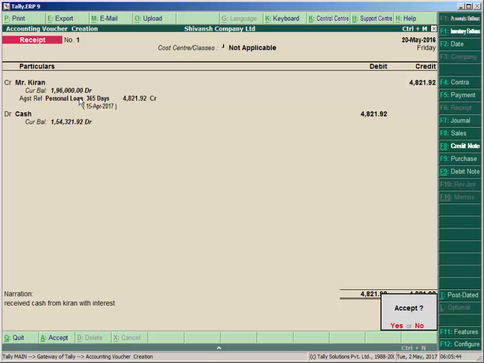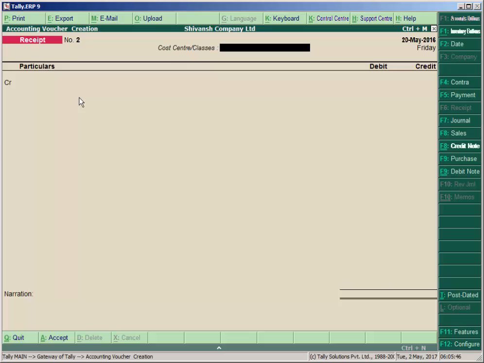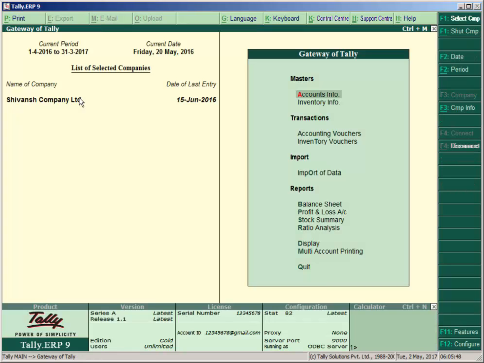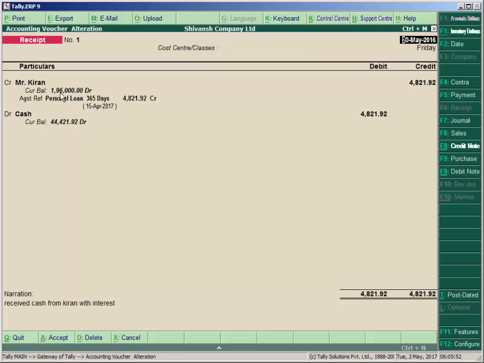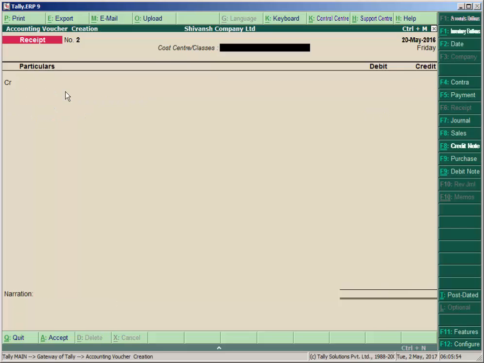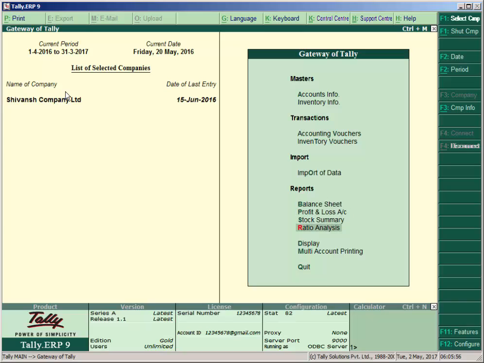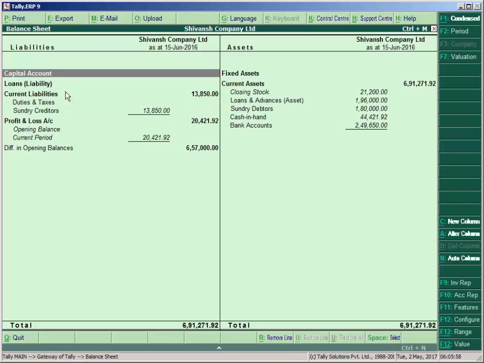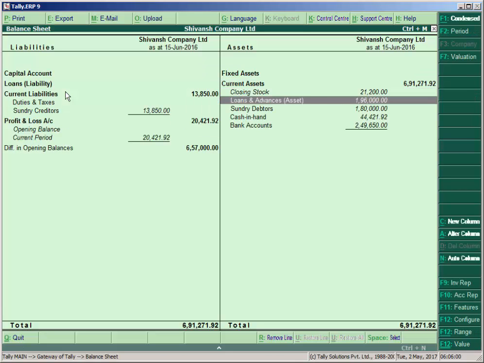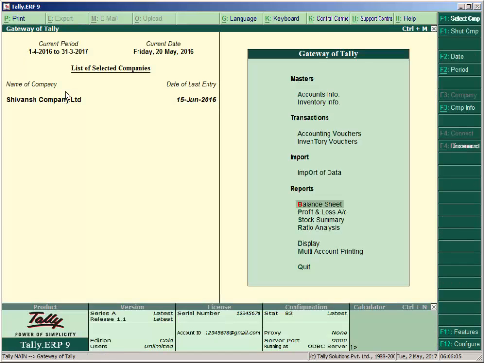So interest is not reduced from the principal amount or loan amount. So press escape, go to the balance sheet, press Alt plus F1. The amount is here 1,96,000. Thank you.